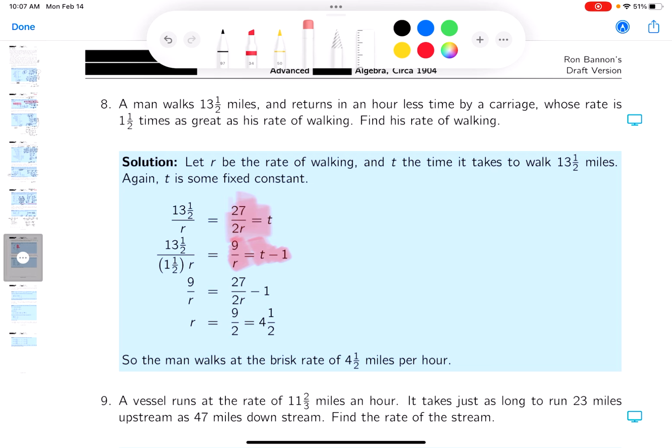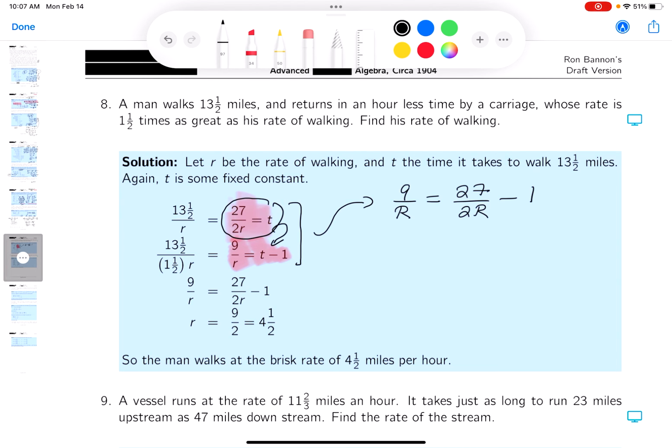And what I'm going to do is take these 2 equations here, and try to use one of them to eliminate the T. So I'm going to put down 9 over R is equal to T. What's T? 27 over 2R minus 1. So I took this first equation and popped it in over here.